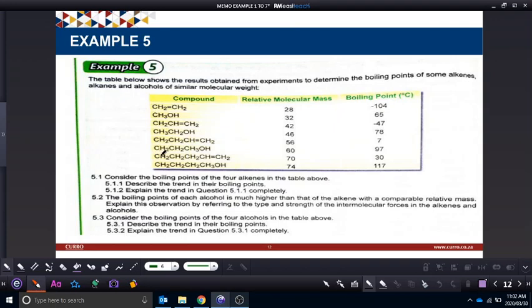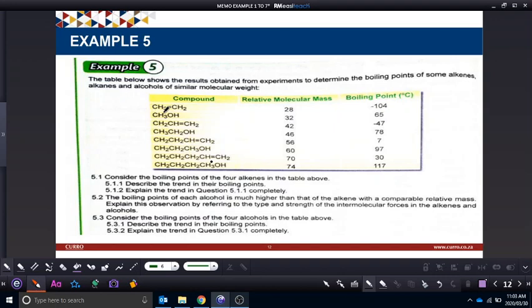So more energy will be needed to overcome the intermolecular force in the pentene than in the butene, than in the propene, than in the ethene. So there's more energy needed in our 5 carbon compound than in our 2 carbon compound. So what does this mean? It means that the boiling point will increase if we add more carbons in the longest carbon chain.